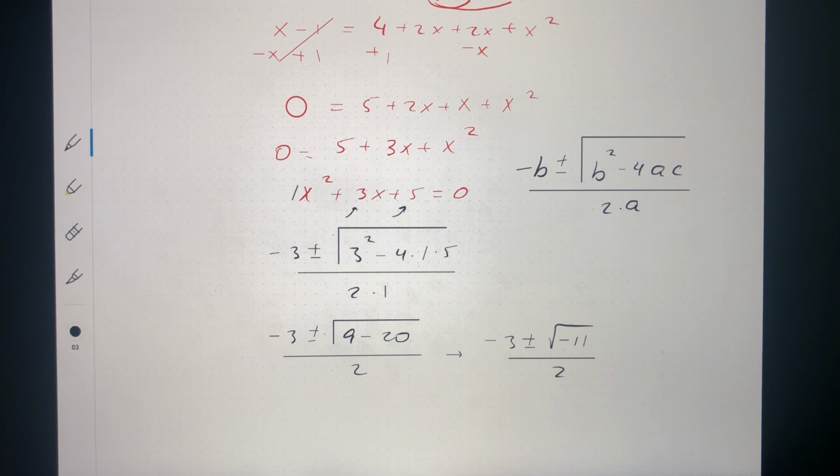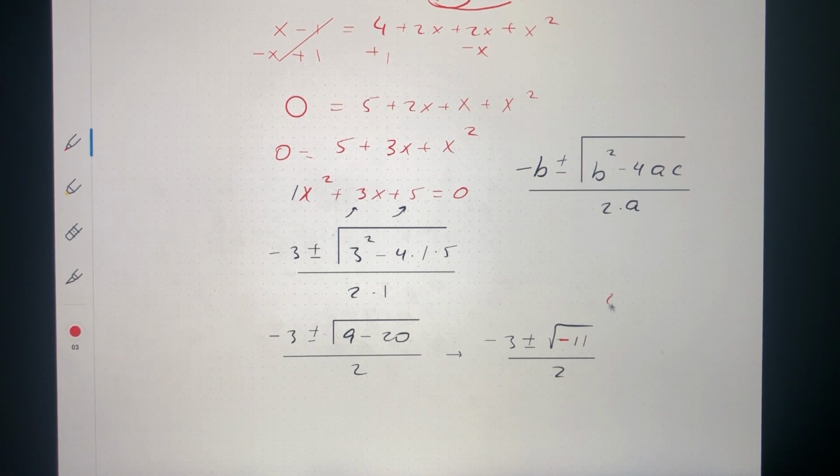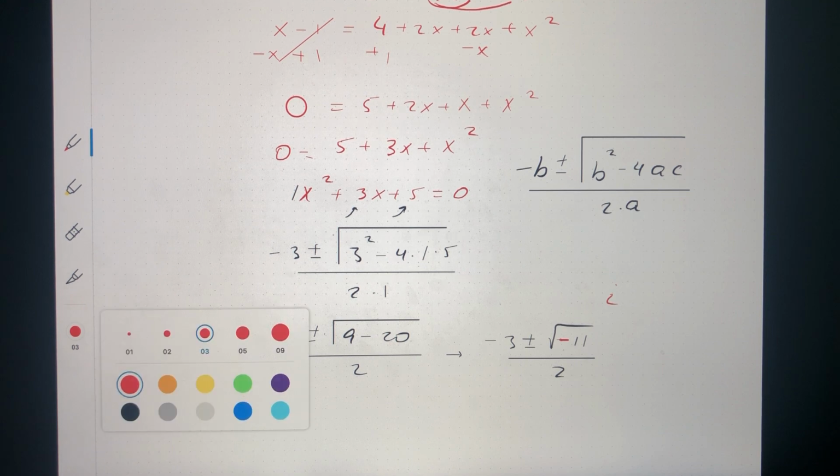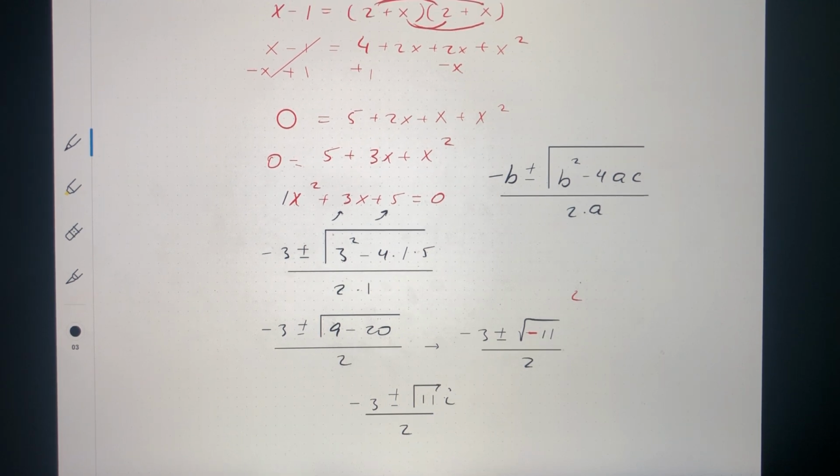And each time we have a negative under the square root, that makes an imaginary answer. So our answer is actually negative 3 plus or minus the square root of 11 over 2, and then there is an i on the outside. Since we have an imaginary solution to our question, that means there is no solution. So because of the i, that means no solution.